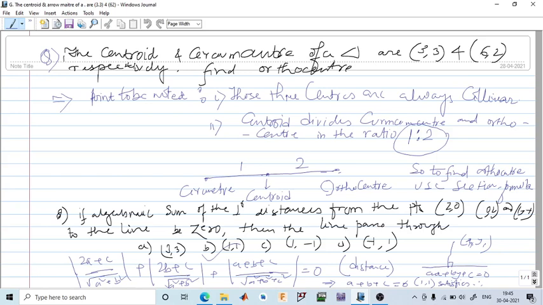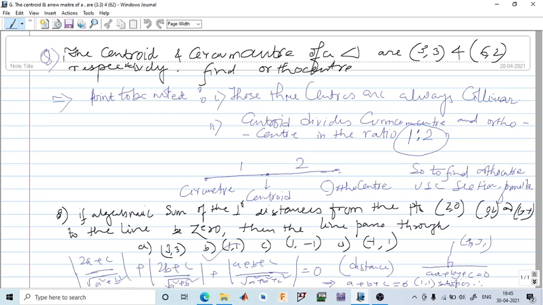Here is an important part I am going to discuss. The centroid and circumcenter of a triangle are given. Then how to find the orthocenter? You must note that these three centers of a triangle are always collinear, and one important point you must remember, it will come in many exams.